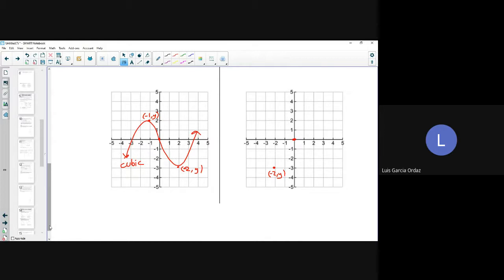Because my function is decreasing from -infinity to -2. And then from -2 to 0, it continues going up. And then because my derivative is a cubic, I need my normal function to be a quartic function or of degree 4. So my graph is going to look like this.